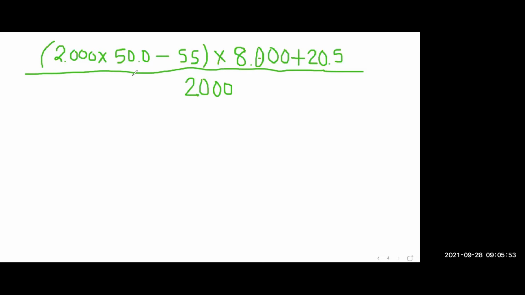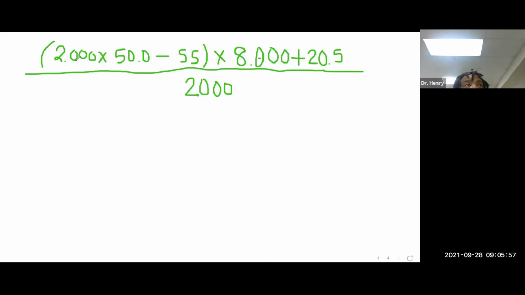The multiplication. Okay, so 2.000 multiplied by 50.0. So how many sig figs should we get from that? And what should be my answer?